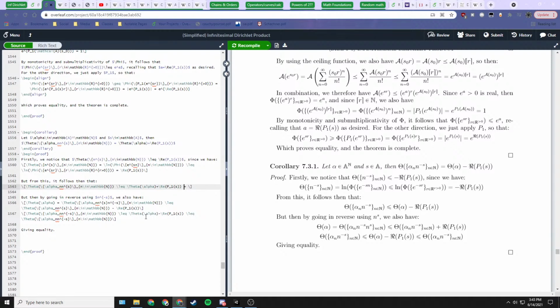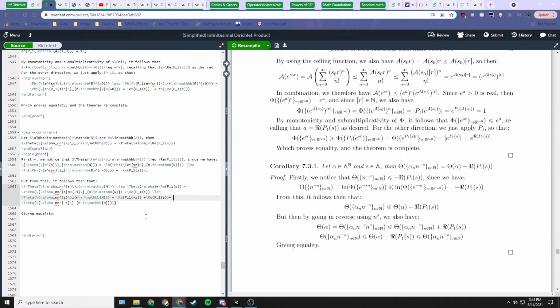Okay, so I'm just going to combine these. Theta alpha. So this is equal to this thing plus this, or equal to this thing plus that again. And so I'll just do plus with a minus s in here. And then this is equal to this.